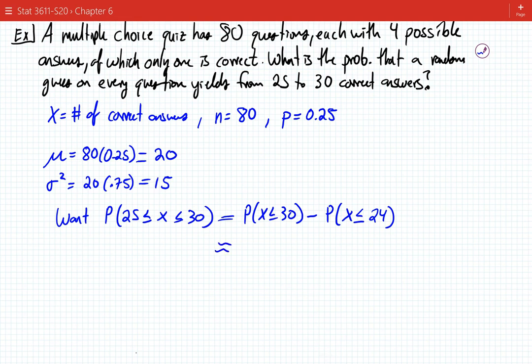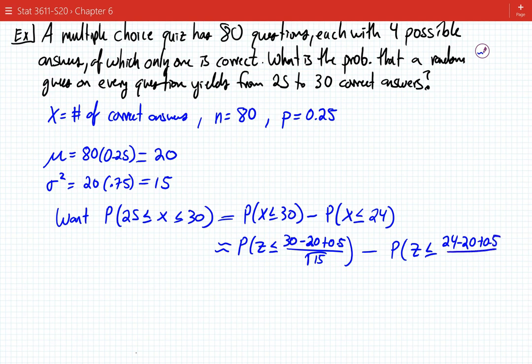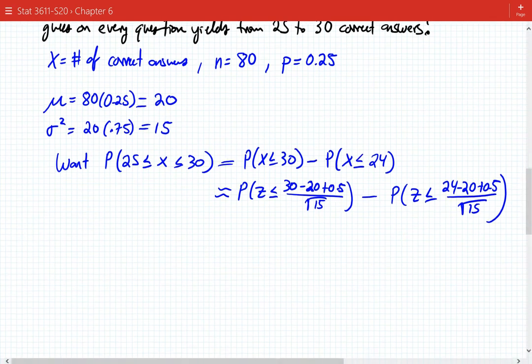And so now this is approximately standard normal: less than or equal to 30 minus the mean, add back in your continuity correction, over the standard deviation. And then the same conversion on this one, 24 minus the mean, which is 20, add in the continuity correction and divide by the standard deviation. And that is the correct conversion.